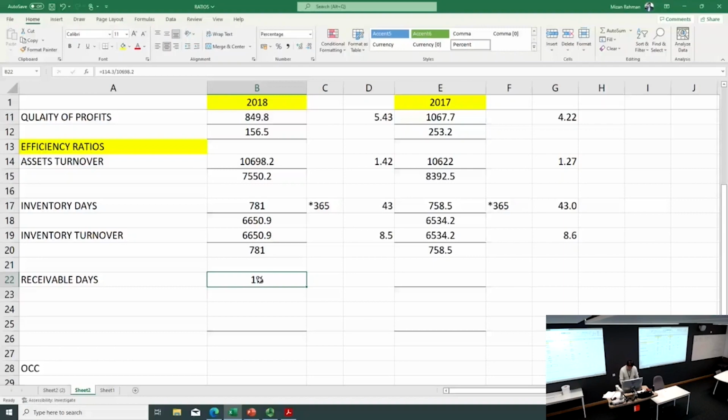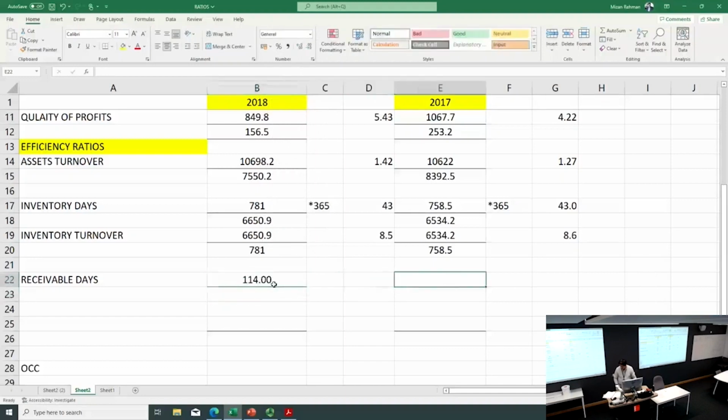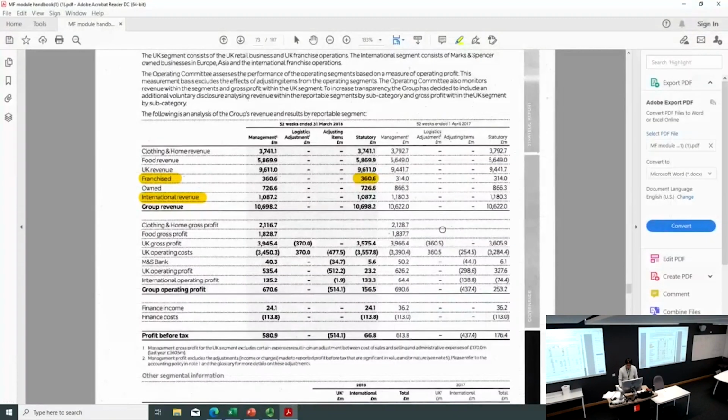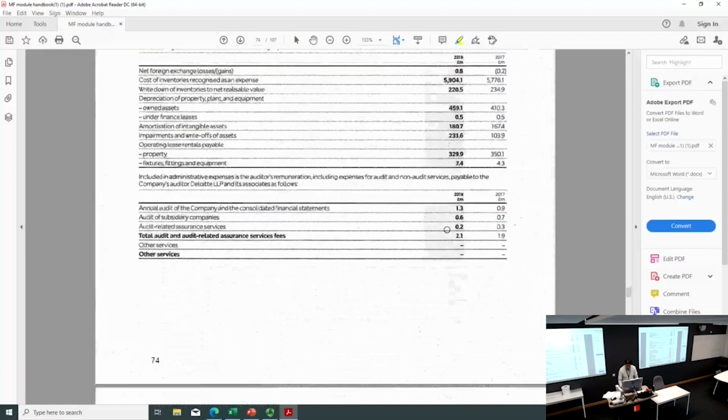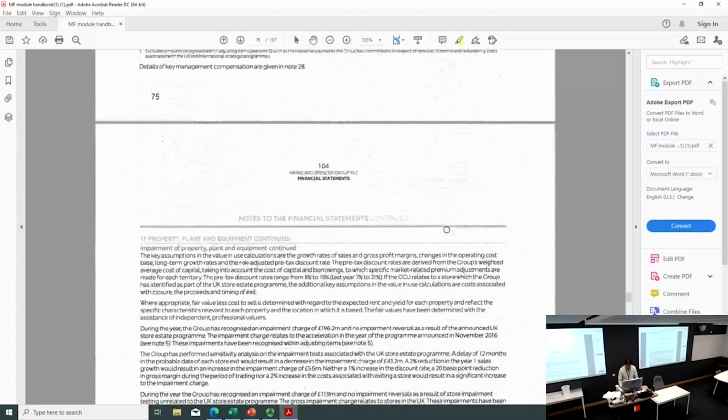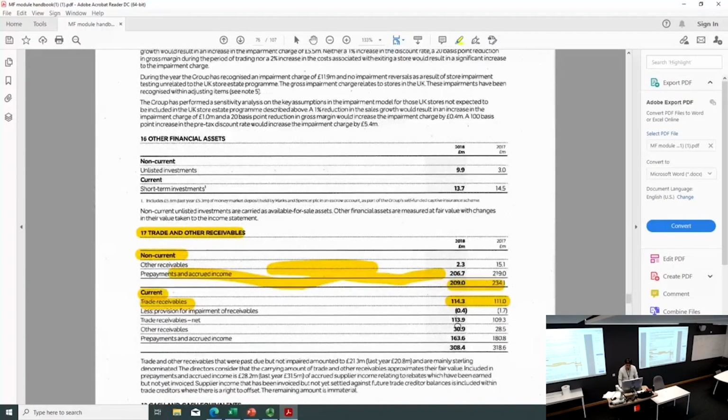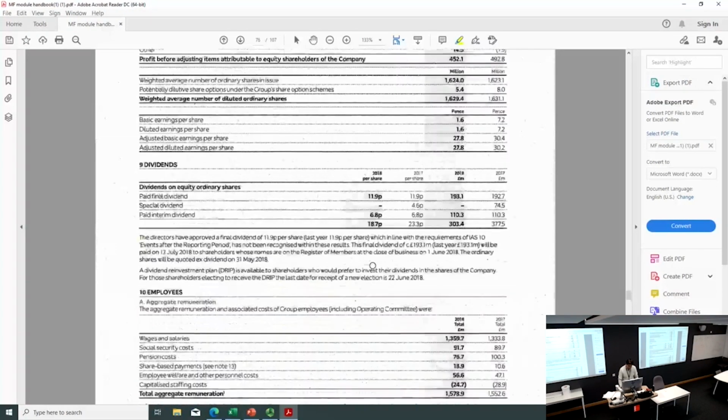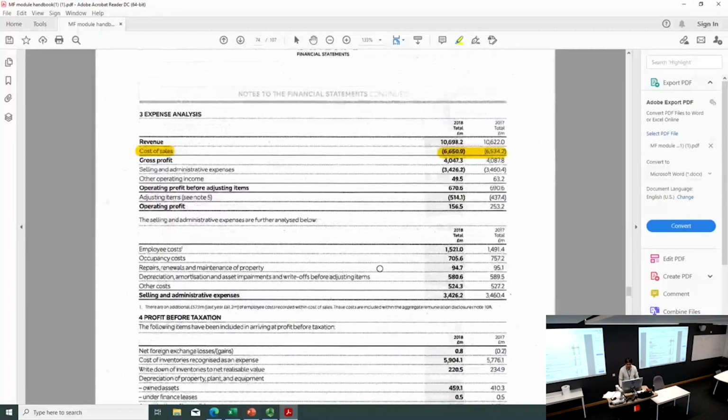So what do I have? I have debts of 114, should not be a percentage, a number, 114 and 111. I'm taking the figures from here and divided by my sales, credit sales ideally.